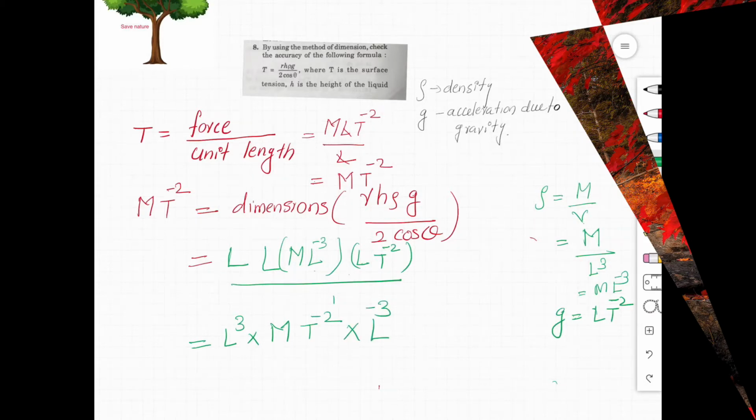L raised to 3 and L raised to minus 3 will be cancelling. So finally M T raised to minus 2 will be the dimension of the entire quantities of RHS. Here in LHS it is M T raised to minus 2. So the dimension of LHS equals the dimension of RHS. Hence it is proved.